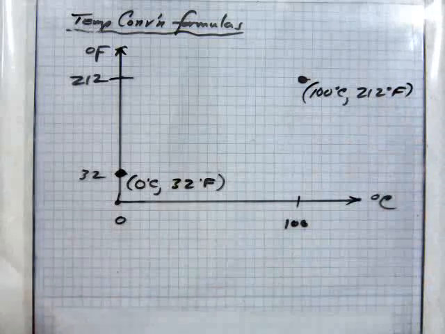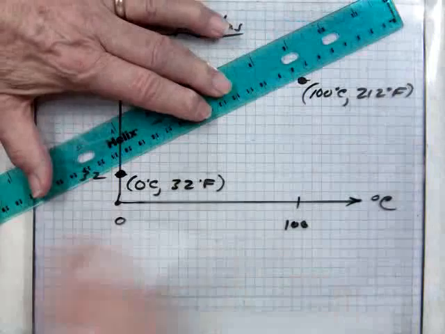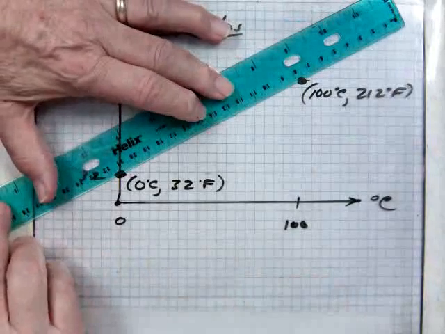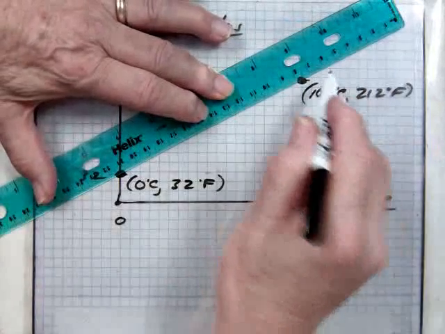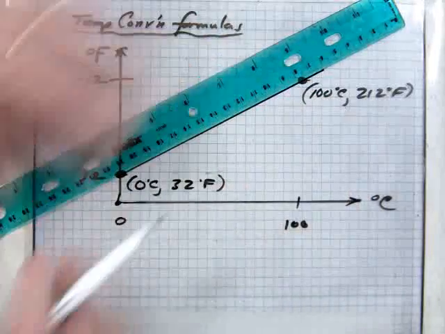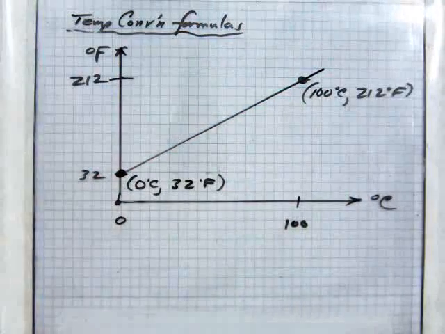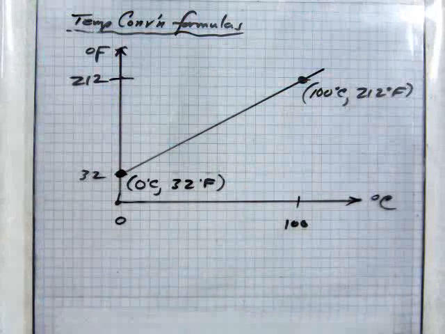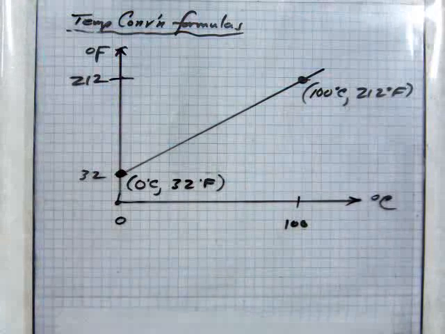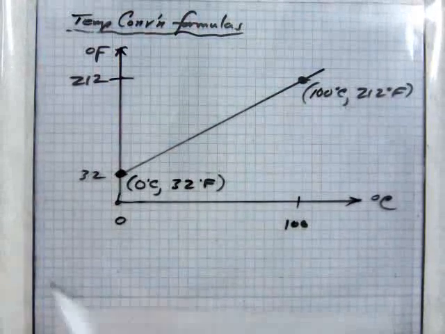And so we get a little line between these two, and that allows us to apply the point slope method and solve for Fahrenheit in one case and solve for Celsius in the other.